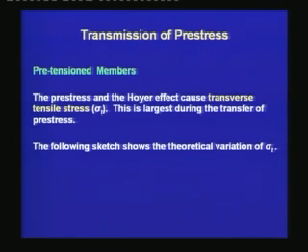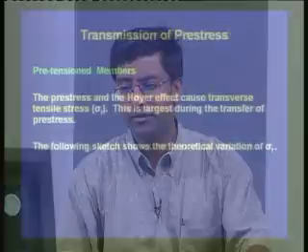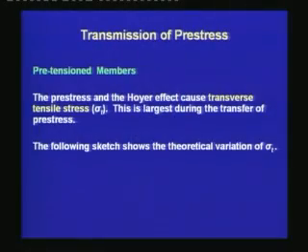Since there is a wedge effect, which is known as the Hoyer effect, a tensile stress is developed in the perpendicular direction to the axis of the beam, which we are denoting as the transverse direction, and this tensile stress can cause cracking in the prestressed member. We may have to provide reinforcement depending on the amount of stress developed to check the cracking of the prestressed member. The following sketch shows the theoretical variation of sigma T.